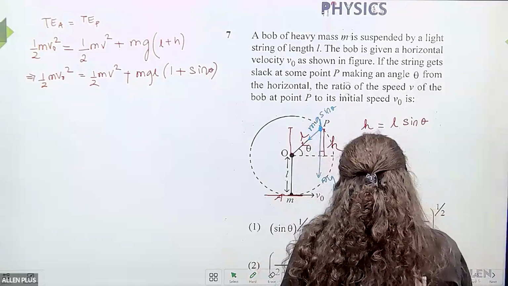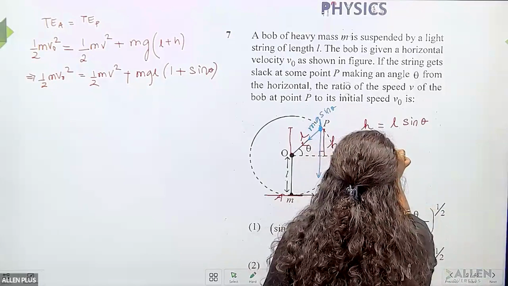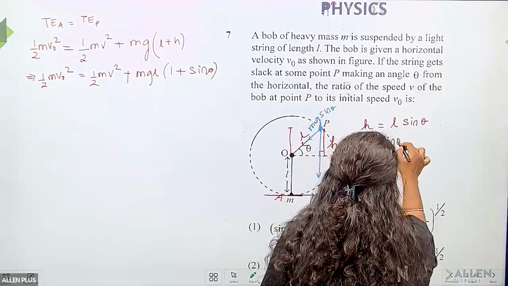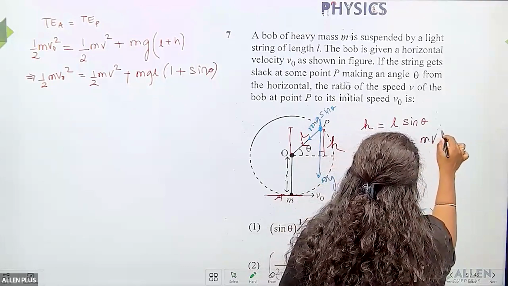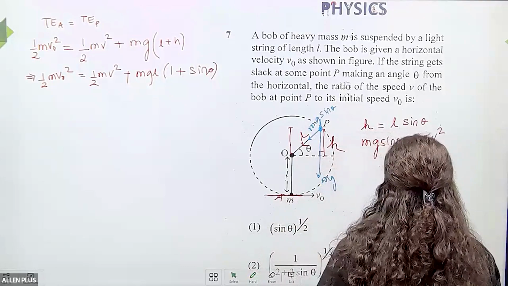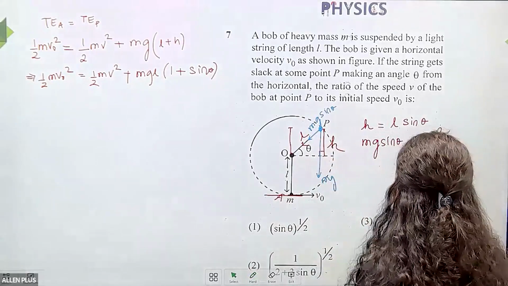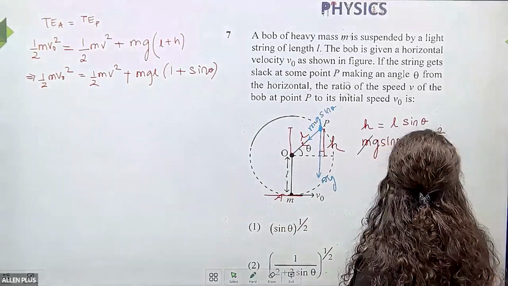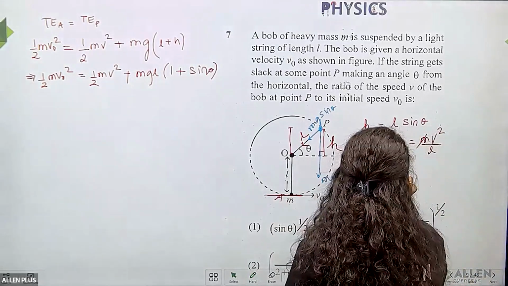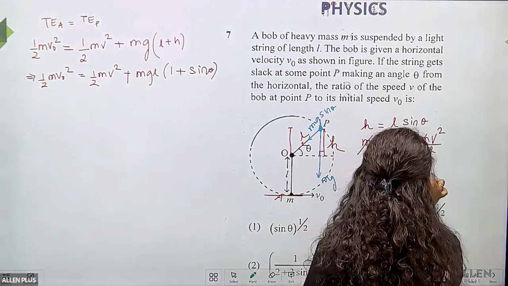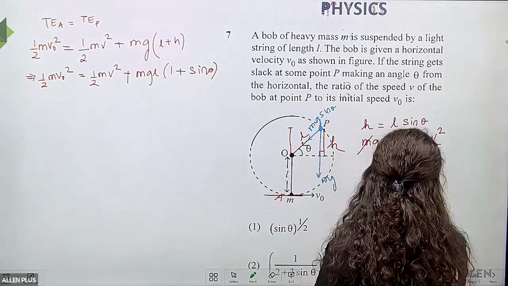So from here I can say my mg sine theta will be equal to m v square by L, the centripetal force. Mg sine theta is the component of weight which is contributing to my centripetal force. Okay, from here I can conclude V is equal to root over GL sine theta.